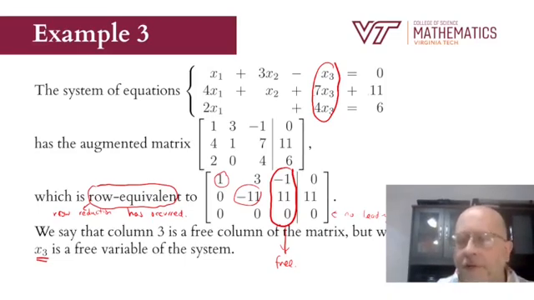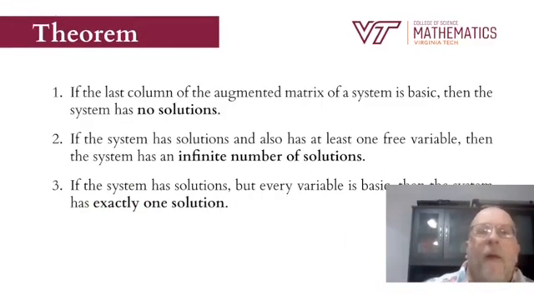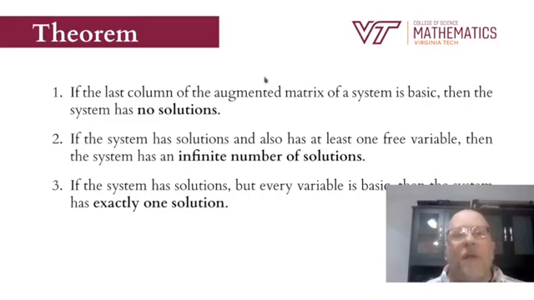So let's move on, see where this is leading us to. If the last column of the augmented matrix system is basic, then the system has no solutions. We're going to see examples of all of these in a little while.